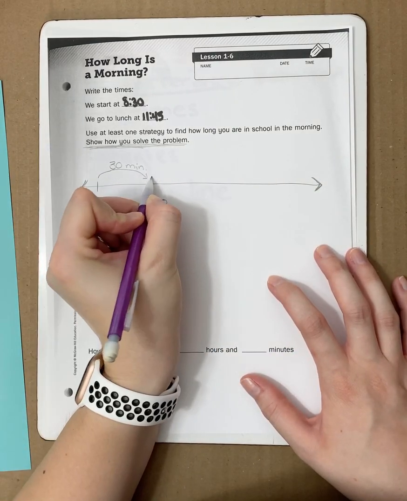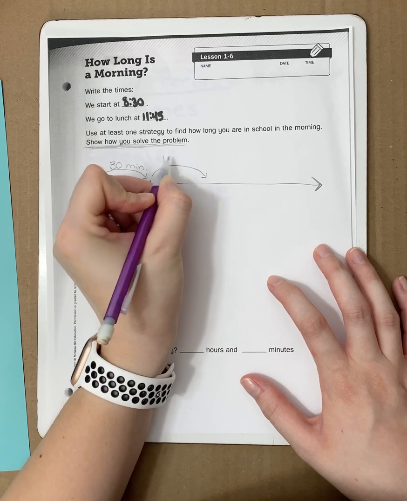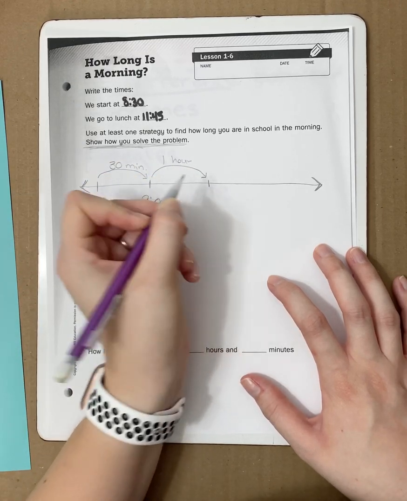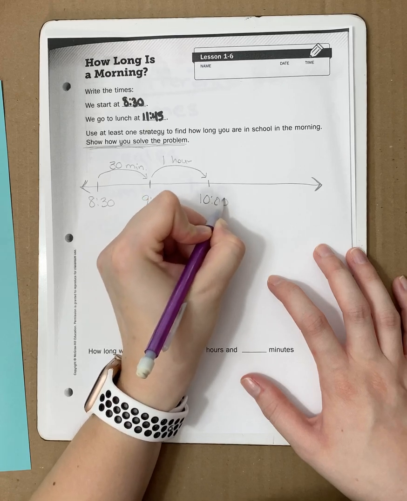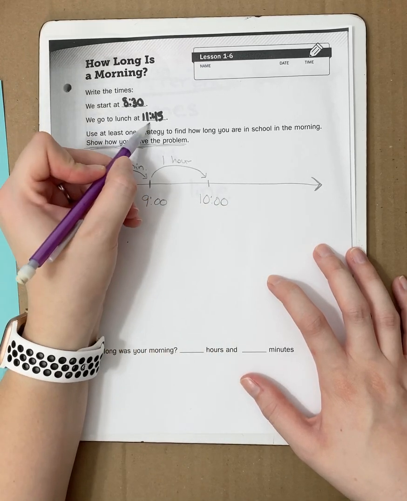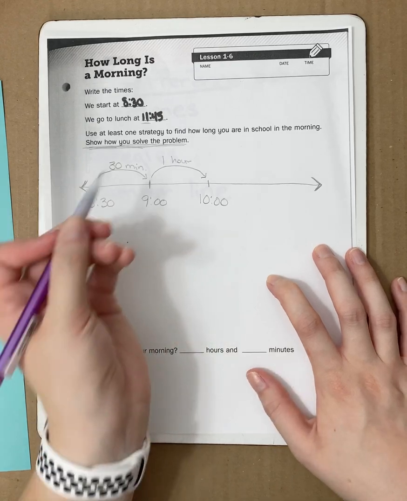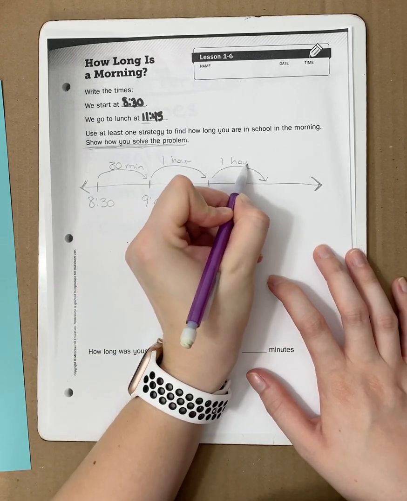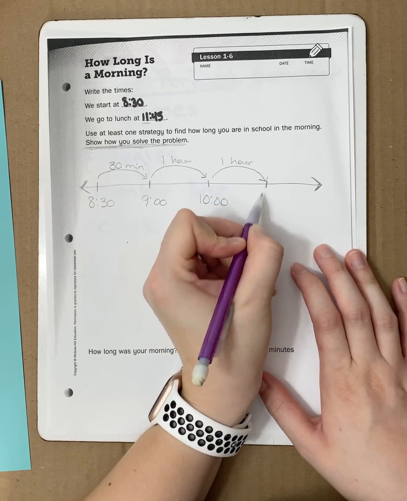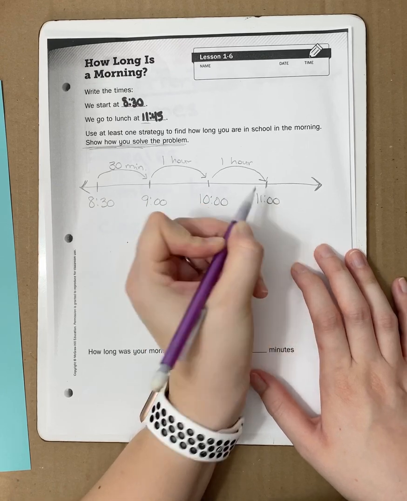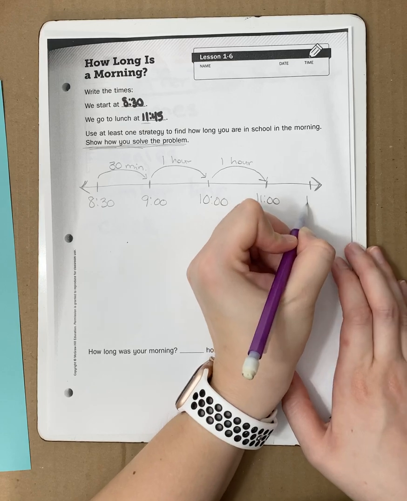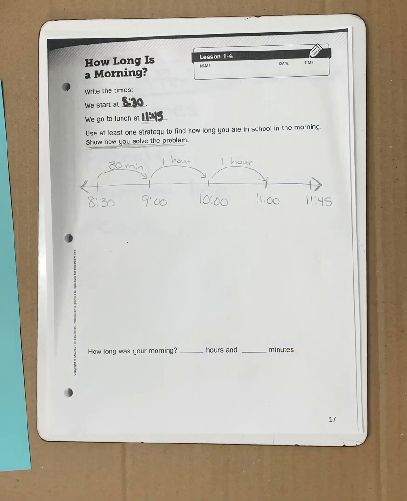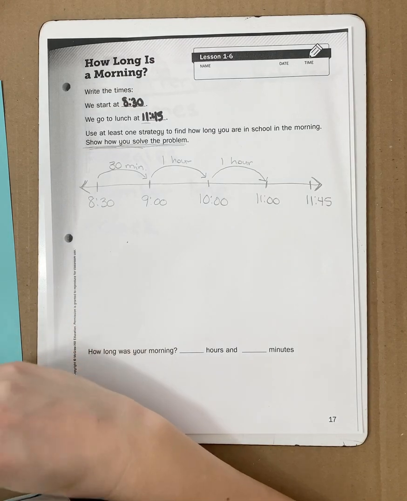So let's do a 1 hour jump. So 1 hour after 9 o'clock is 10 o'clock. Still not there. I need to get to the 11 o'clock hour. So I think I need another hour jump to get to 11 o'clock. And then remember, my end time that I need to end up at is 11:45.